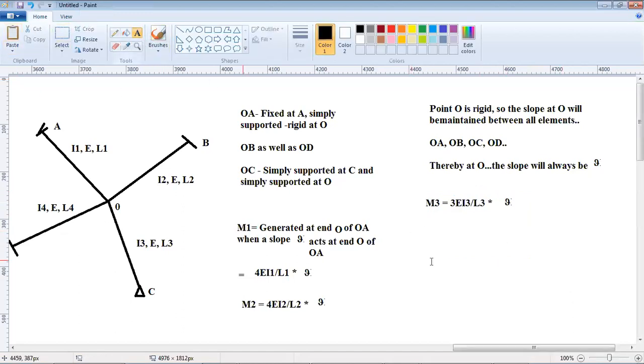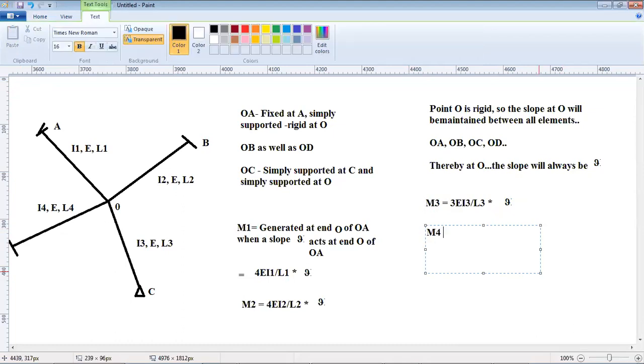And for the fourth case, you have 4EI4 by L4 into theta. Why did it change in the third case? Because it was simply supported at both ends.